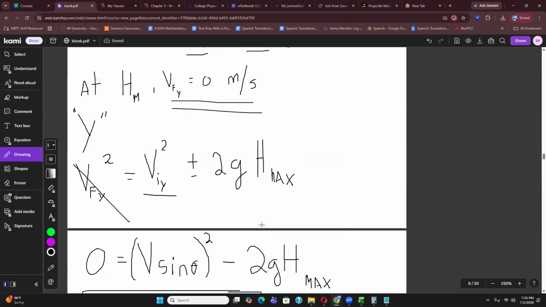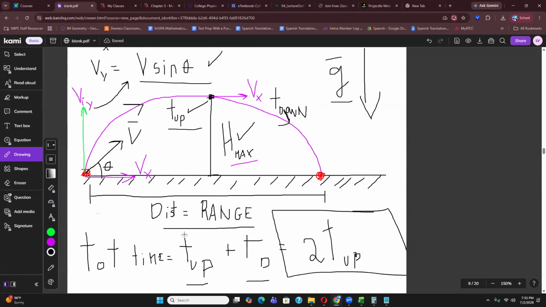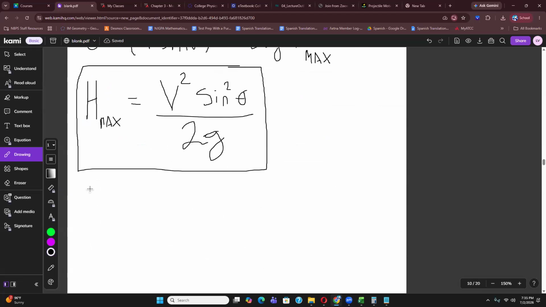You can also find the time. To find the time, we can use this. V final on Y is V initial on Y minus gravity time, or what, plus or minus.